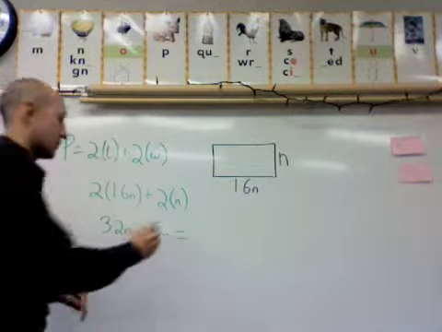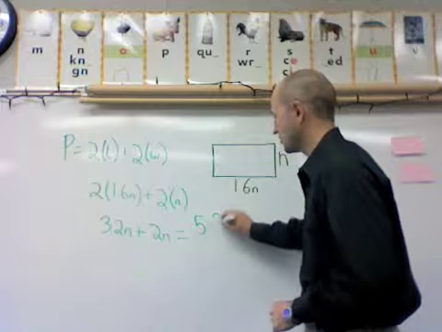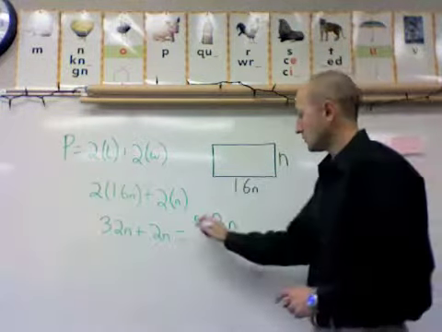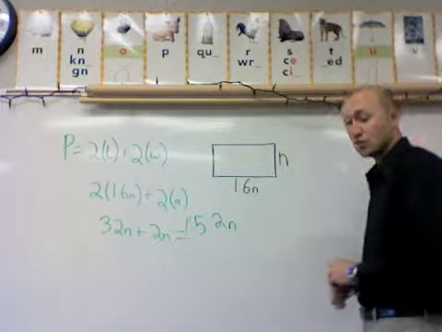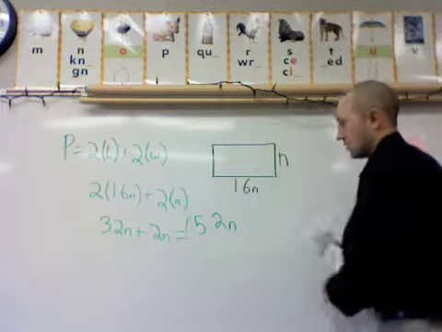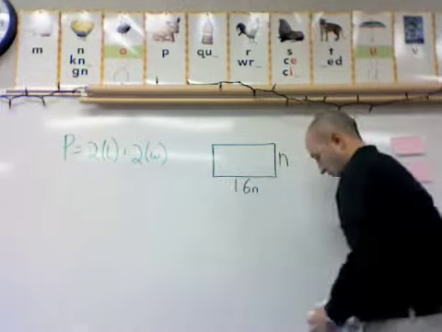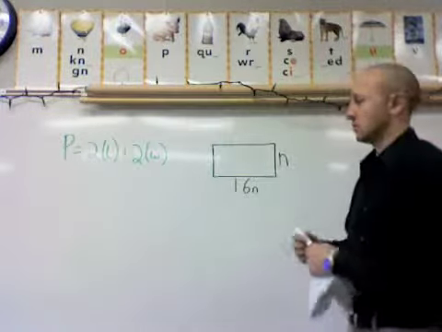I know that's going to be 5.2. Keep the variable n. So the perimeter is equal to 5.2n. And we're going to keep that rule up there, and we're going to move on to finding the area.